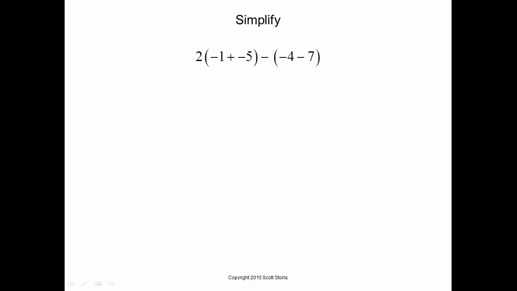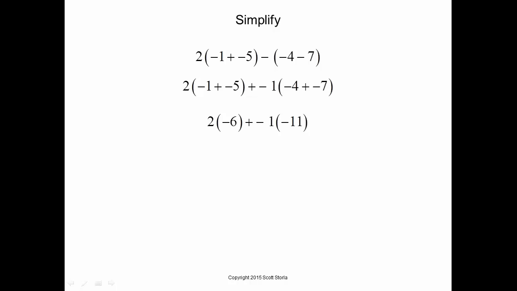With this problem, I'm first going to change all subtractions to adding opposites. Once I've done that, I have 1, 2, 3, 4, 5 operations. Starting within the parentheses, this sum will be -6, and this sum -11. I have 3 operations left.